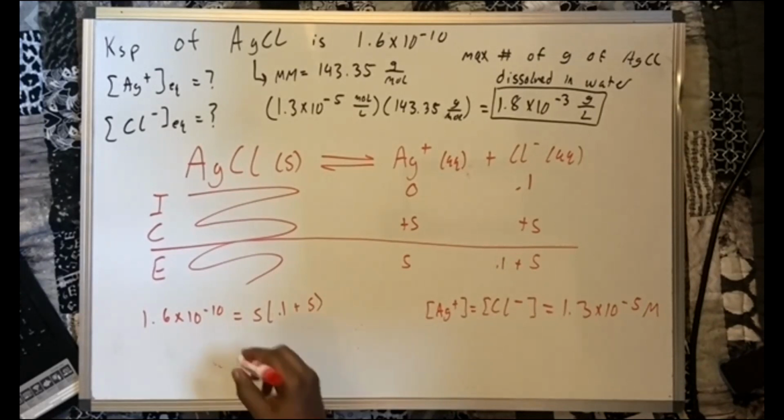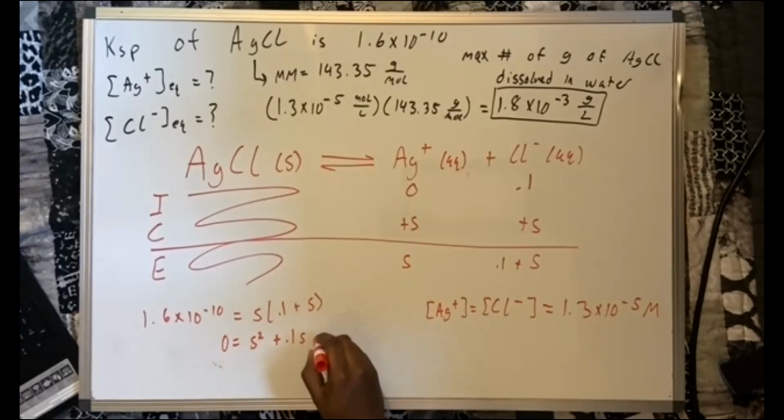So now it becomes 0 equals S squared plus 0.1 S plus 1.6 times 10 to the negative 10. Solve that.